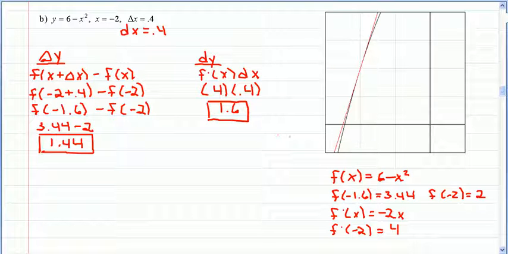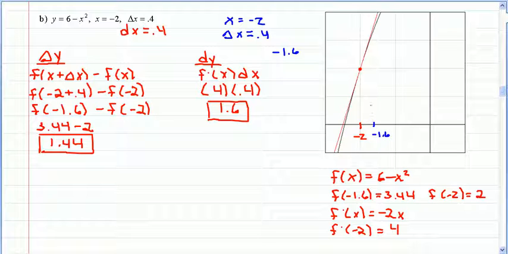So on the graph, our x is equal to negative 2, and the y-coordinate that corresponds to it is right here. And since our x is negative 2 and delta x is equal to 0.4, when we add these two together, we get negative 1.6, which is right about here.